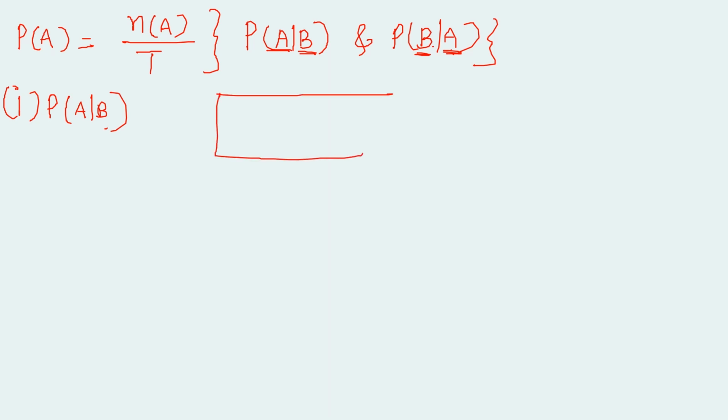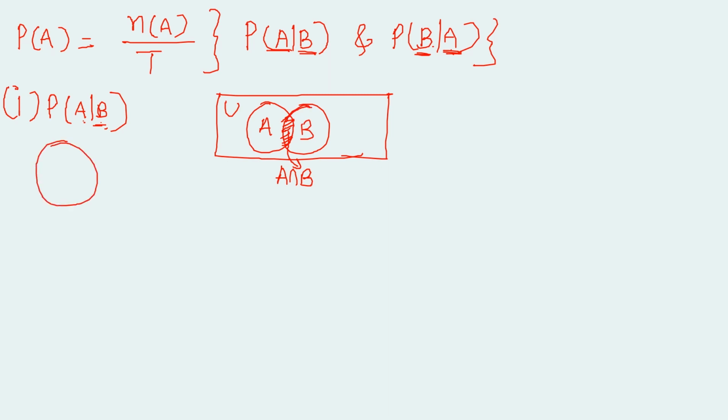Consider a universal set U where there are two events A and B. The common region between A and B is given as A intersection B. Now we need to find the probability of A given B has already occurred. As B has already occurred, take this event B out and redraw it here.